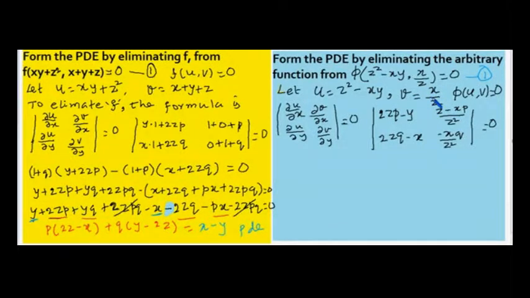Now you cross multiply as per the determinant rule. It is 2zp.